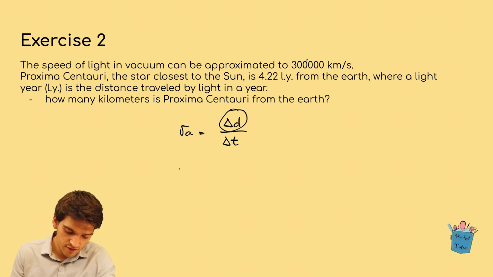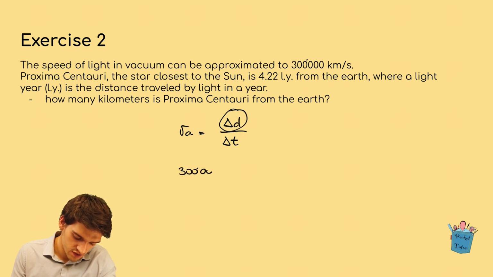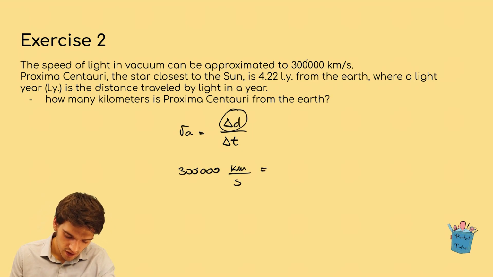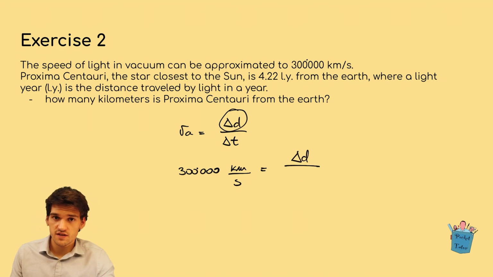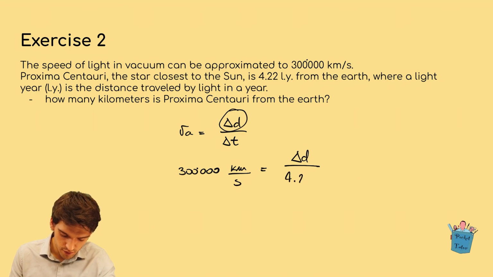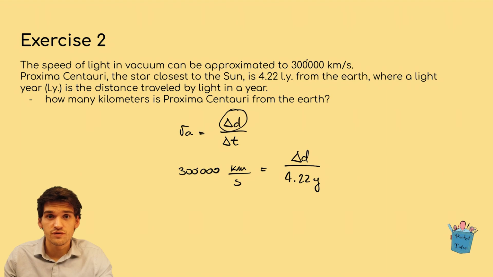This means that the average velocity is 300,000 kilometers per second. And this is equal to what we are looking for and the time needed to travel the distance, that is 4.22 years, since light moves at a constant speed, the speed of light, and it takes more than 4 years to reach the Earth.